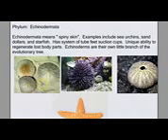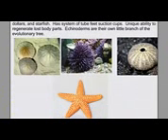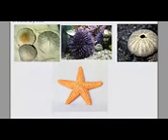The name Echinodermata means spiny skin and includes animals such as sea urchins, sand dollars, and starfish. The first thing we should notice about the echinoderms is they seem fairly simple. They exhibit radial symmetry. Previously, we've noted radial symmetry as being a primitive feature.